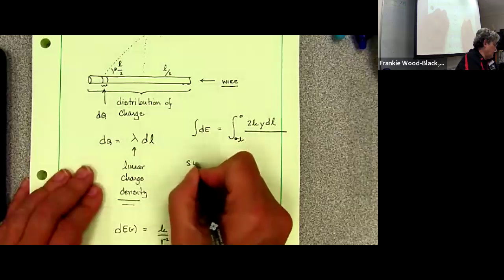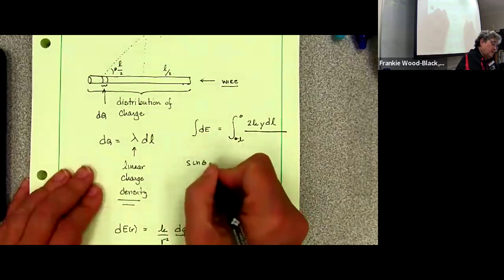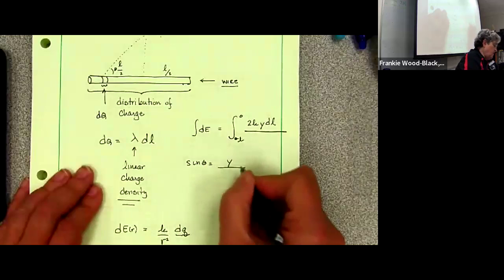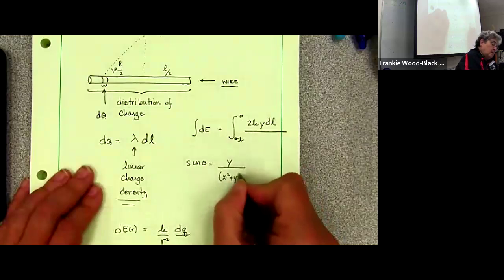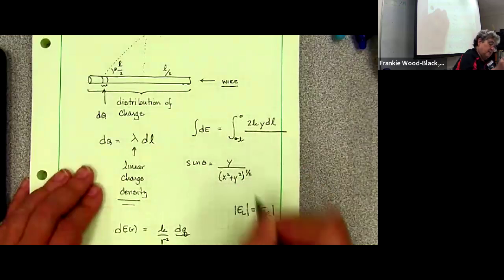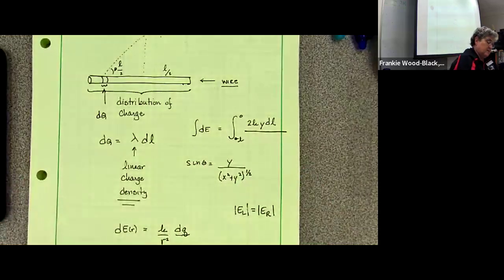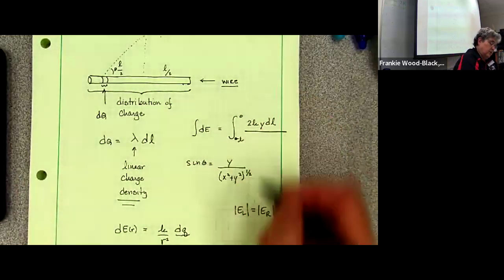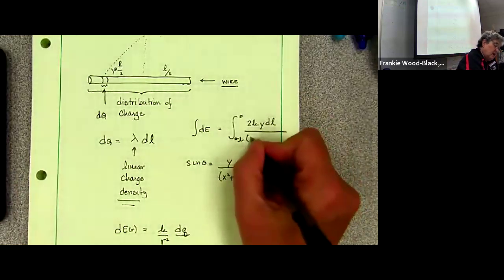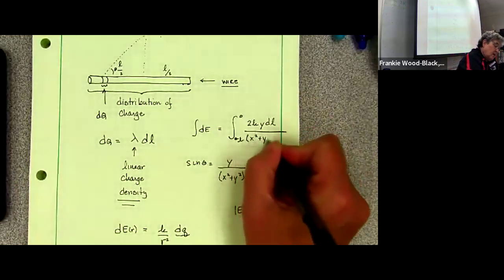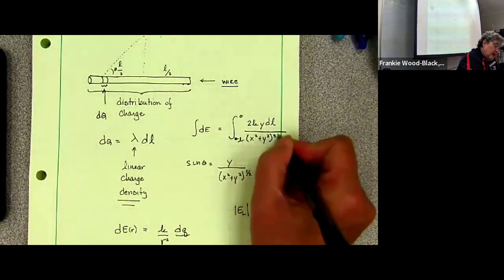Sine of the angle, by the way, just to remind everybody, sine of the angle is going to be Y over X squared plus Y squared to the 1/2. So we're going to put this part in. So there's our 2, we've got that. So this is going to be X squared plus Y squared to the 3/2.